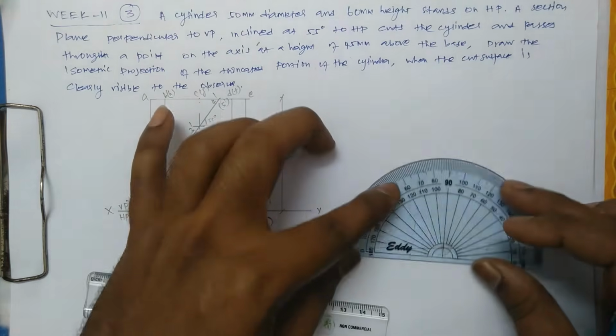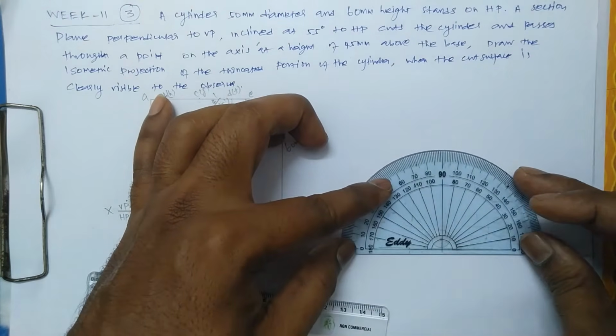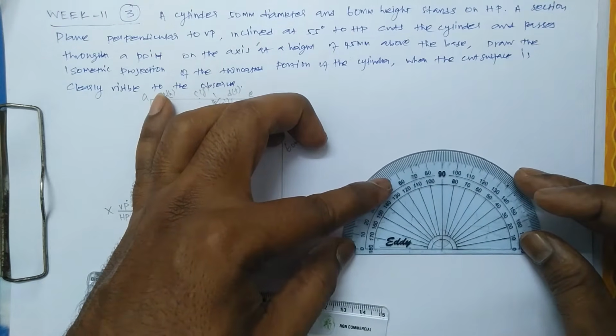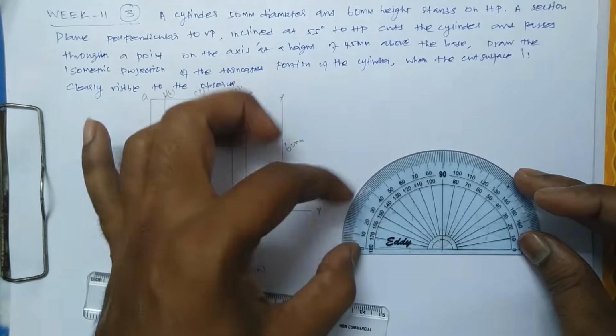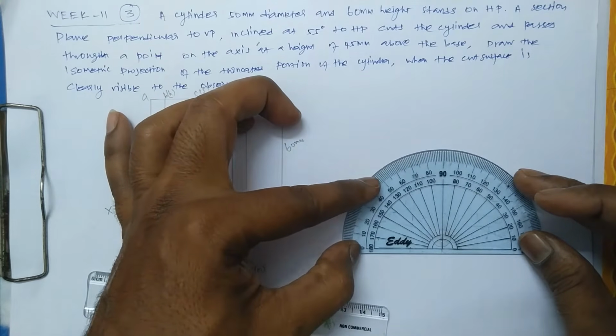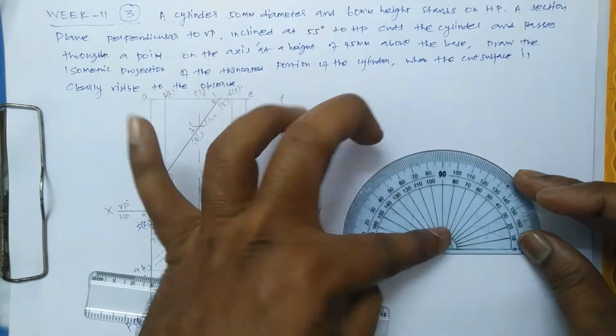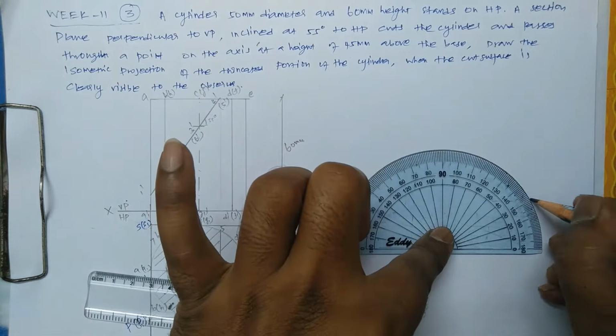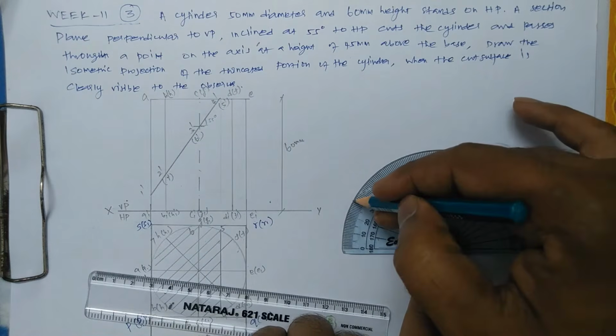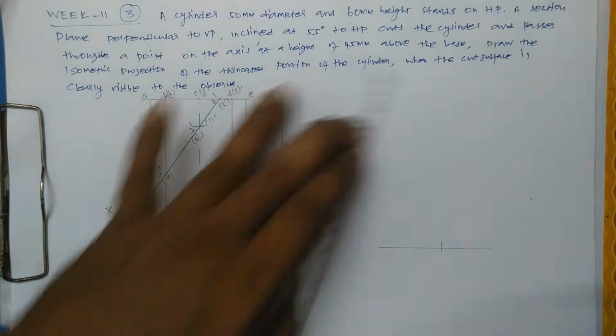Which point you are supposed to keep? That may be a confusion. Here you can directly keep P.